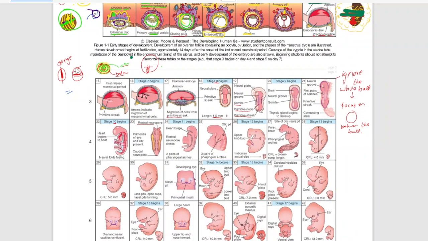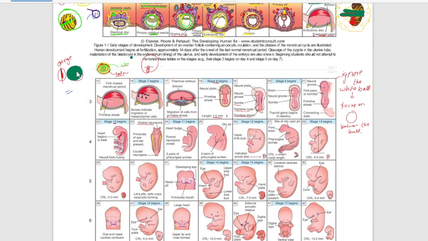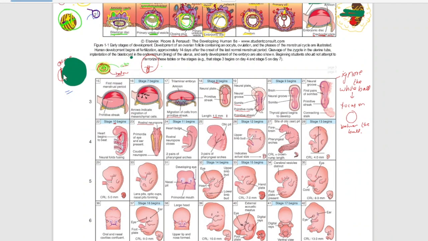This is the ball. Inside the ball, in between, there is actually a disc.